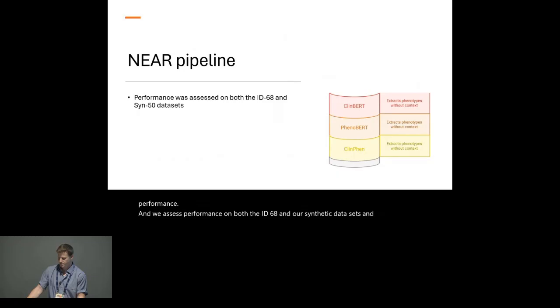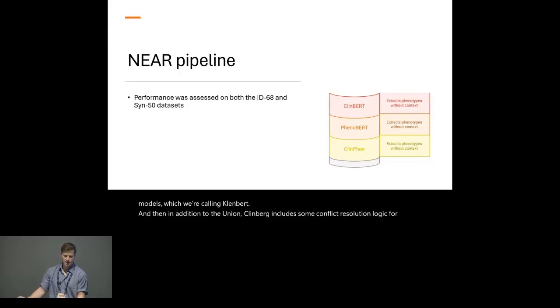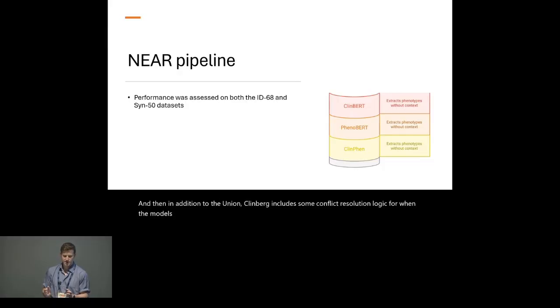And we use 2 popular phenotyping models, ClinPhen and PhenoBERT, as well as the union between these 2 models, which we're calling ClinBERT. In addition to the union, ClinBERT includes some conflict resolution logic for when the models tag either different phenotypes within the same span, or when the spans are overlapping but not disjointed.